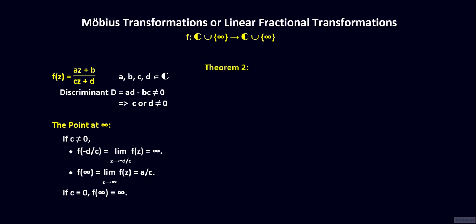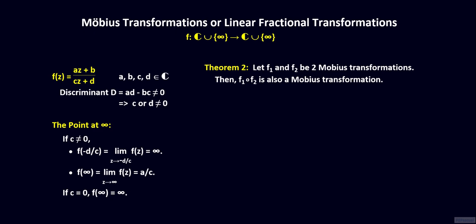For the second theorem, let f sub 1 and f sub 2 be two Mobius transformations. We show that their composition f sub 1 of f sub 2 is also a Mobius transformation.